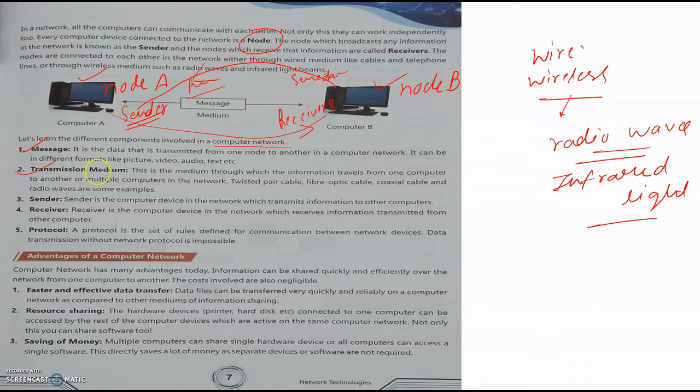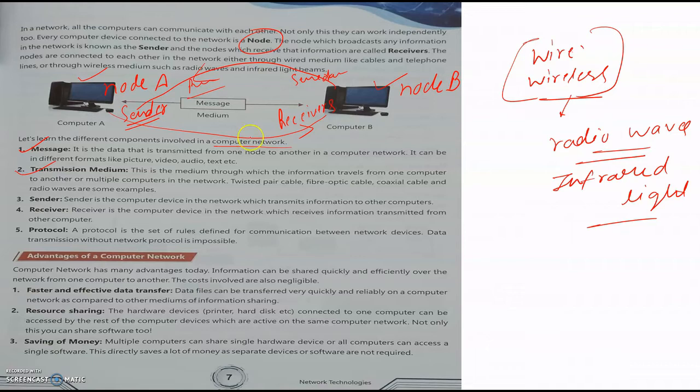Through which medium are you sending your data, with the help of wire or without wire? Wired media include twisted pair cable, fiber optic cable, coaxial cable, and wireless includes radio waves. We will discuss later on.